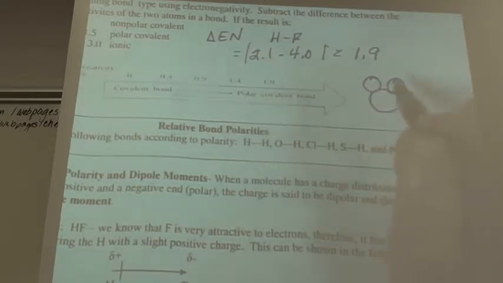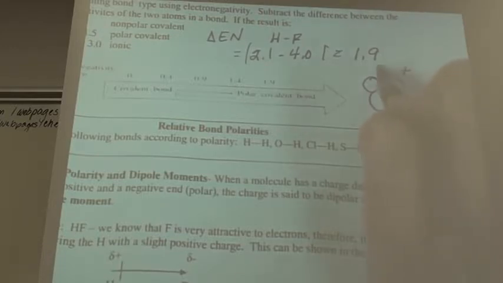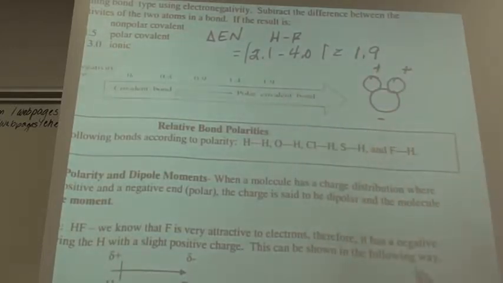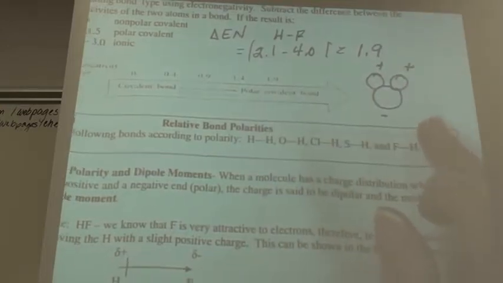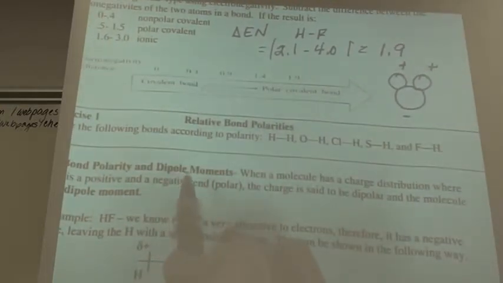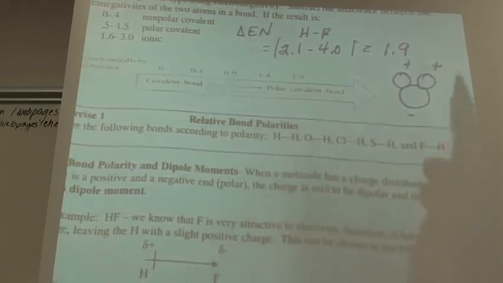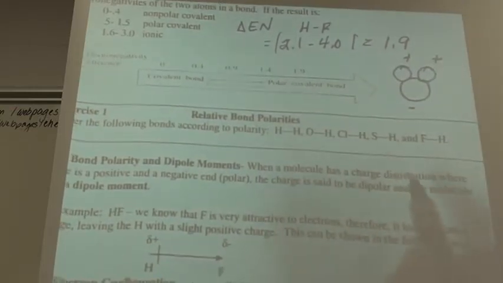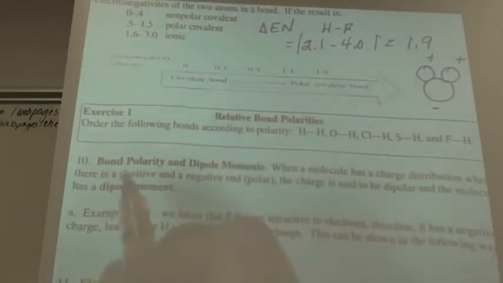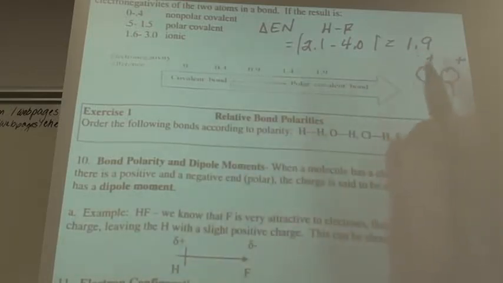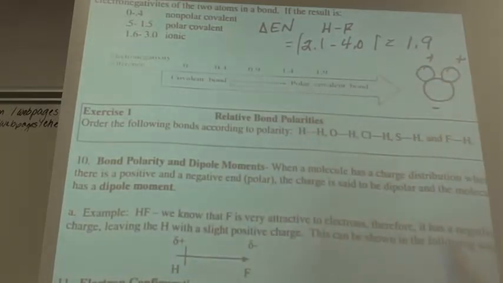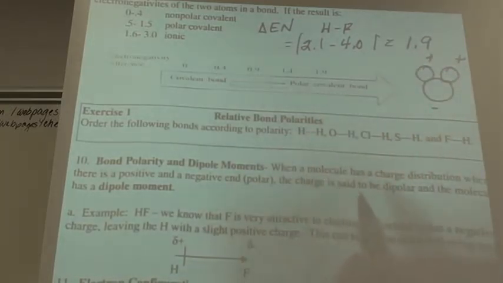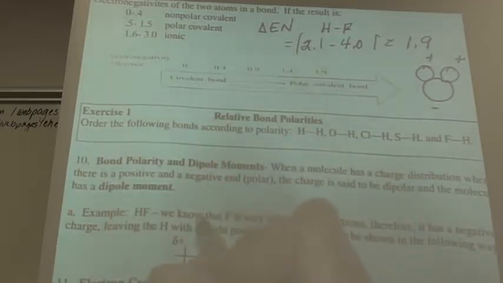The hydrogens have a plus charge while the oxygen has a minus charge. You didn't know it at the time, but that is a dipole moment. When a molecule, water, has a charge distribution where there's a positive and a negative end, here's the positive end, here's the negative end, the bond is called dipolar, and the molecule has a dipole moment.